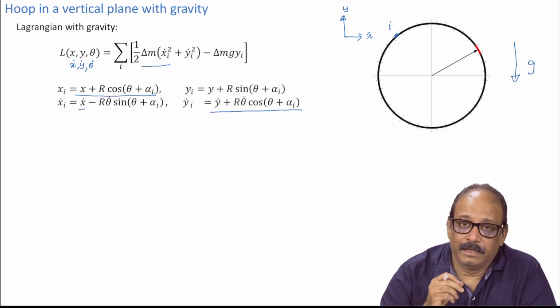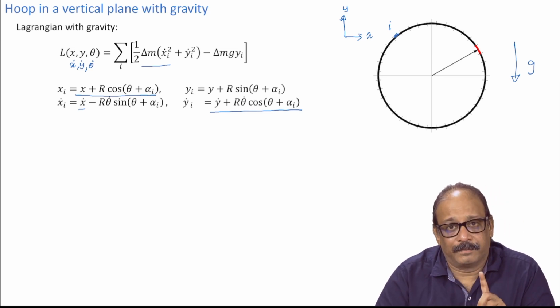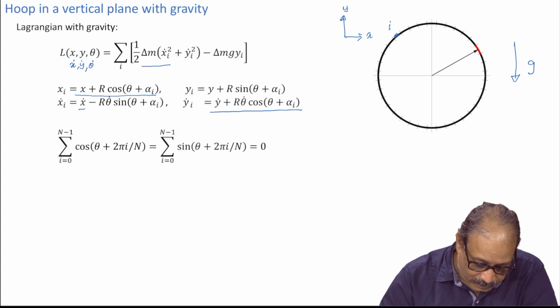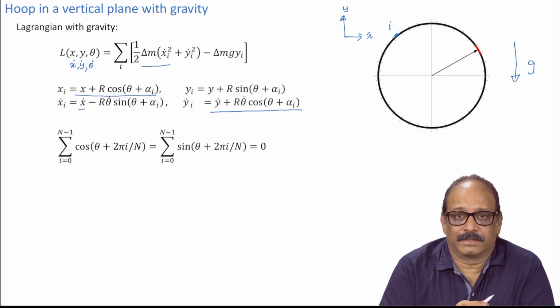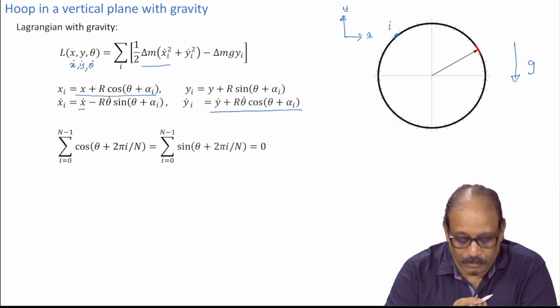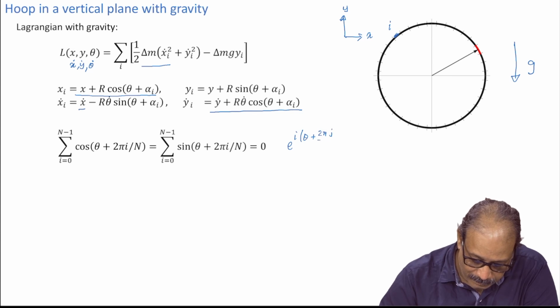The linear terms in the square actually add up to 0, and for that we have this identity here. You can easily prove this identity. You can look at, for example, e to the power i(theta plus 2 pi j/n), summed over j.